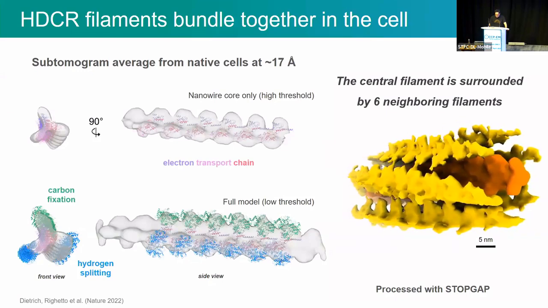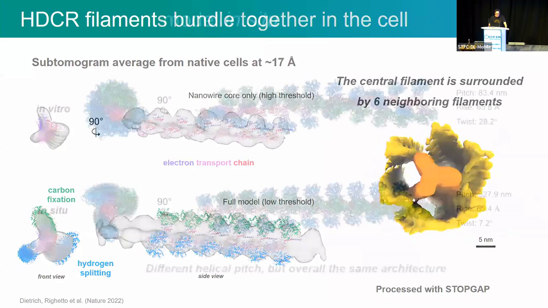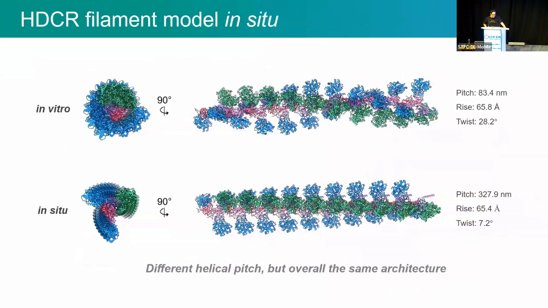And we could see after fitting the model in this average shown here that the helical parameters are quite different in vitro and in situ. And this might be because in the cell, these lateral interactions are enforcing it into a different conformation. But overall, the architecture is the same.